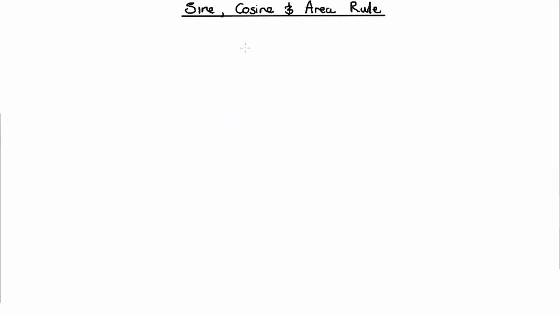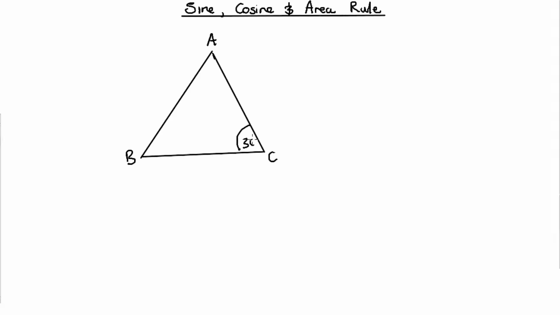Say maybe we have a triangle that looks somewhat like this, A, B, then C. Maybe we have 30 degrees here, then a 4 and a 7. I'm just making this up, centimeters. Then they want you to calculate the area for this shape.